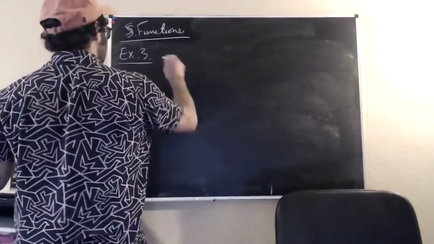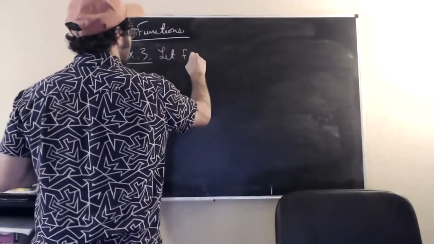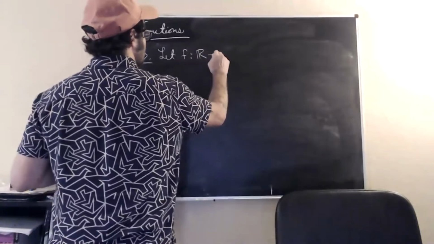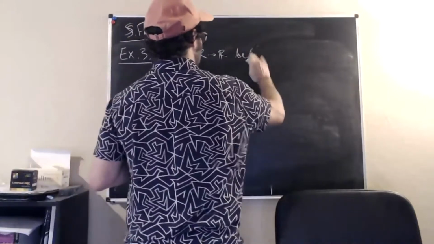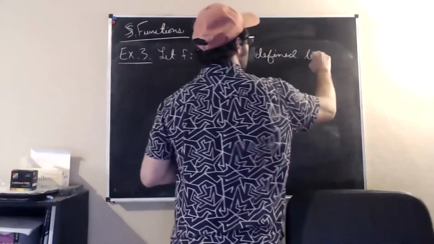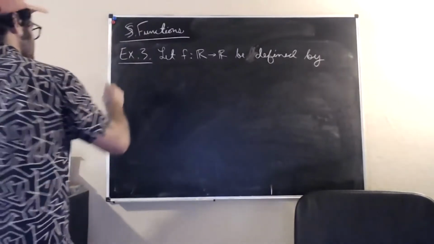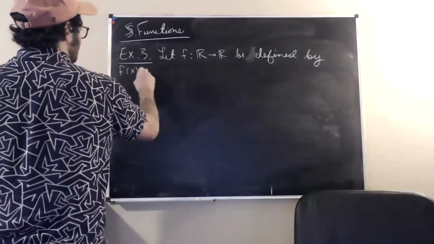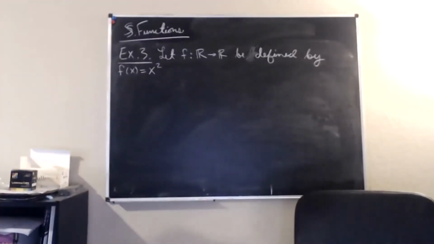Say, let f map R to R be defined by, let's say, f of x equals x squared. Okay.